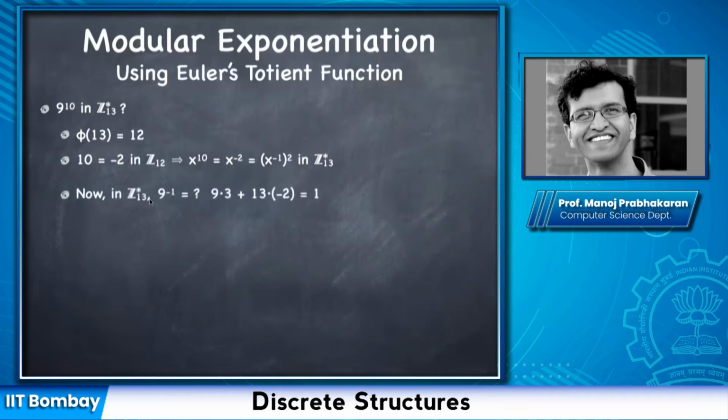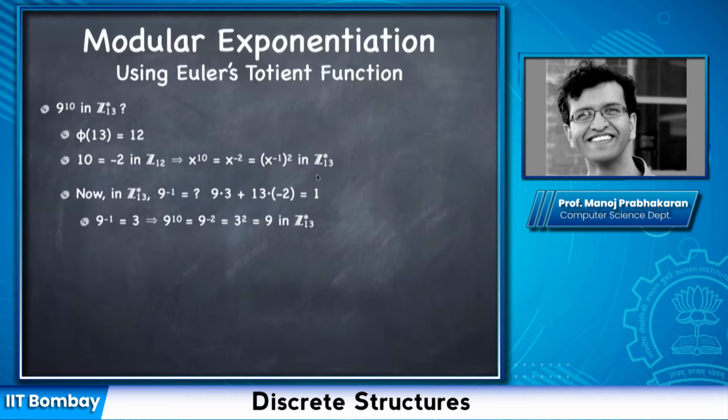I can use the extended Euclidean algorithm to quickly compute an integer linear combination of 9 and 13 that equals 1, and that happens to be 9 times 3 plus 13 times -2. So this is 27 minus 26 equals 1. This takes just a couple of steps to get. So what it tells me is that 3 is the multiplicative inverse of 9 modulo 13.